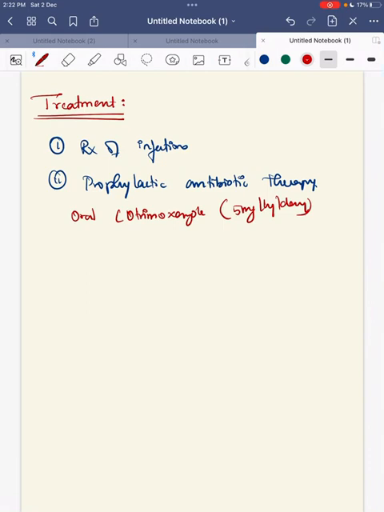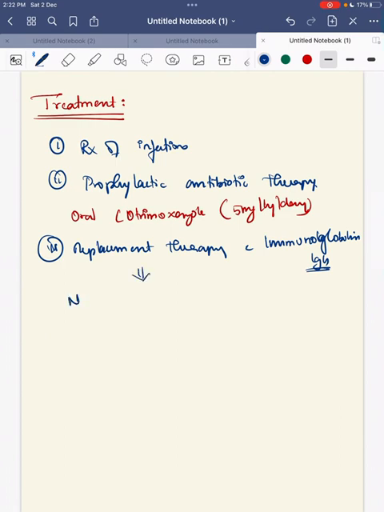Next, replacement therapy with immunoglobulin G, IgG, is the mainstay of treatment.